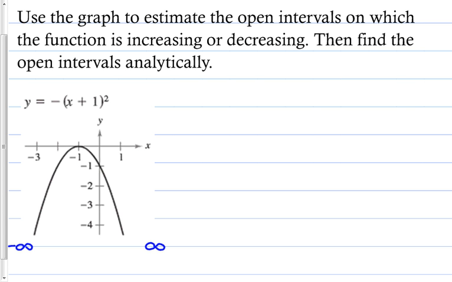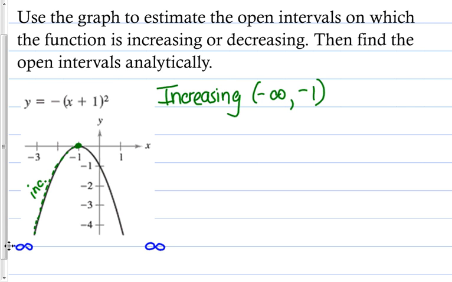So I need you to be able to tell me that this function is increasing from negative infinity all the way to right here, its peak. So along all of this, this function is increasing. So you're going to write increasing. Now the instruction says open intervals, so I'm just going to use open intervals. Increasing from negative infinity to negative 1.